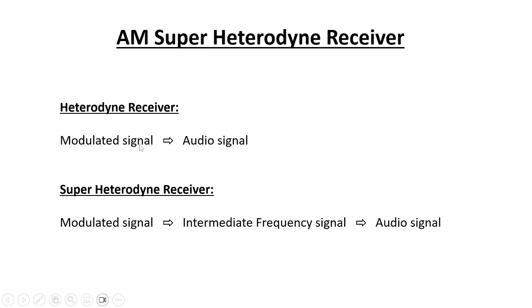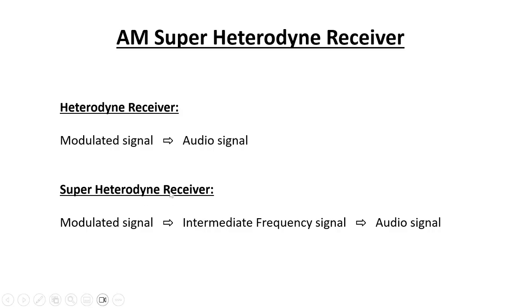Here we have the modulated signal, the signal that is in the air, the transmitted signal, and then by converting the modulated signal directly into the audio range, the audible signal, the signal that is connected to the speaker, we can listen to it. This direct conversion of the modulated signal into the audio signal is known as a heterodyne technique. It is done in heterodyne receivers.